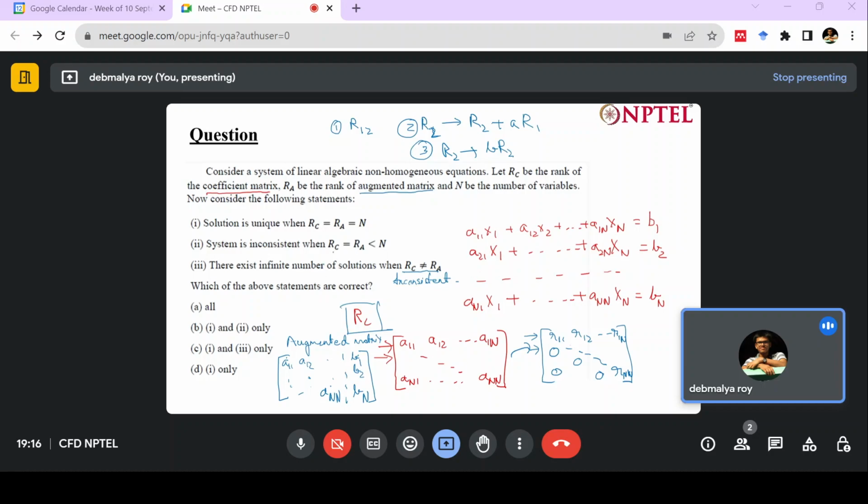Okay. Now what happens if RC is equal to RA is less than n? Since the number of variables is n, number of equations must be n. But when we try to find out rank, we observe that some of the equations are actually dependent on the others. So the number of independent equations is actually less than n. If that is the case, then we must have infinite number of solutions. There will not be a unique solution because some solutions can be achieved as linear combinations of others.